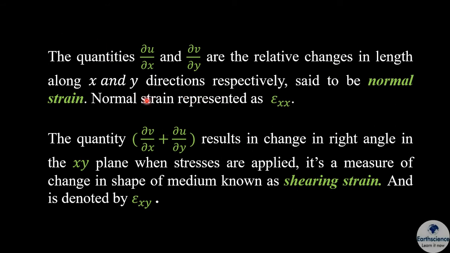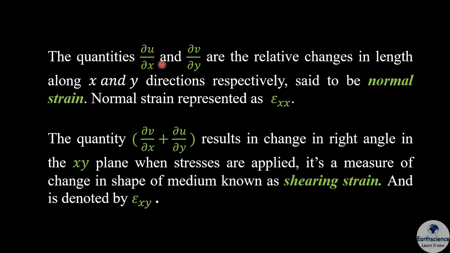Just have a look at this. The quantities du by dx and dv by dy are the relative changes in the length along the x and y directions, respectively. These are said to be normal strains: when normal stresses are applied, normal strains are generated.